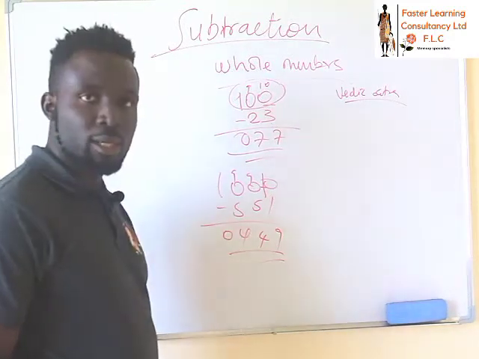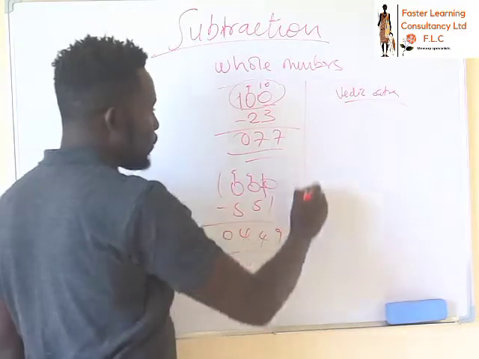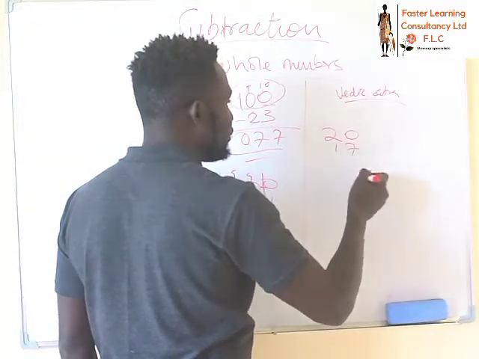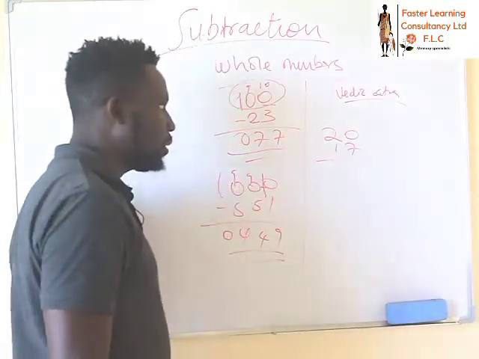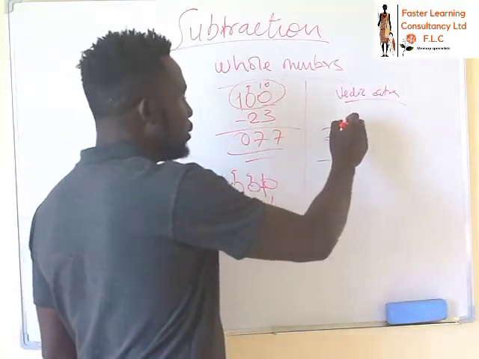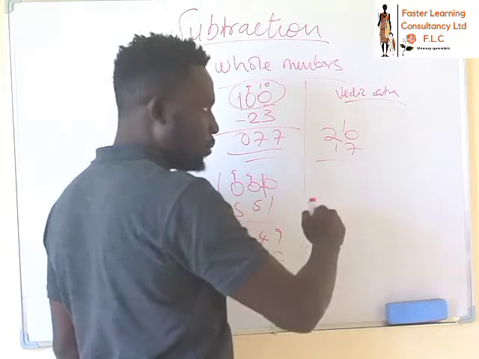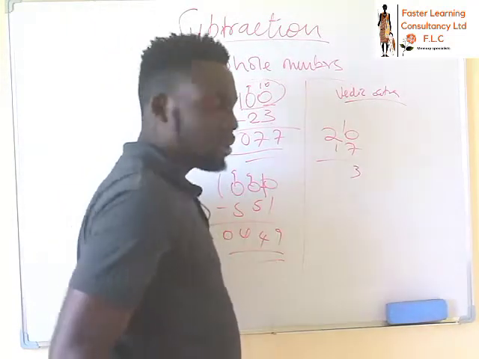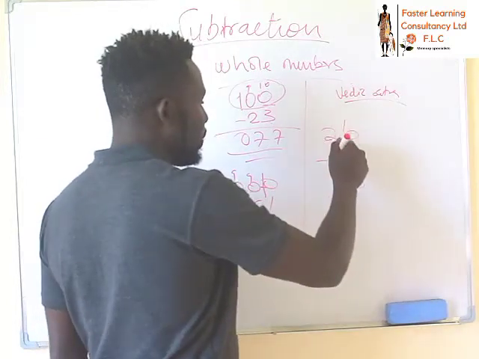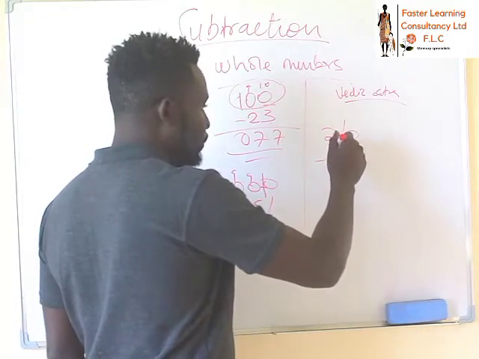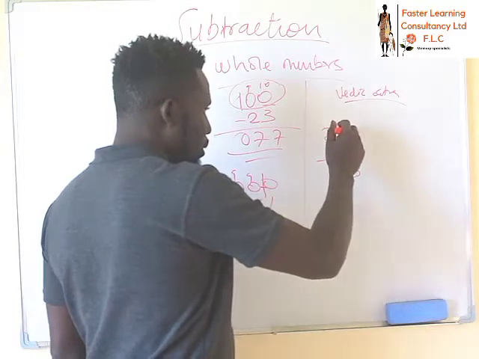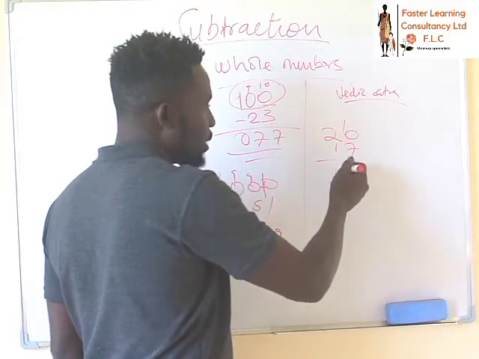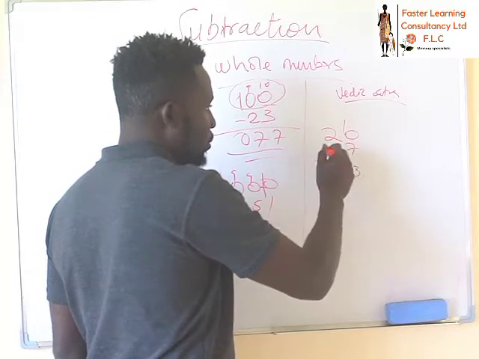Again, if you have, for example, 20 minus 17, I will do the sutra, and I know here I have 3, and here, because I already borrowed 1, it's going to be 0.